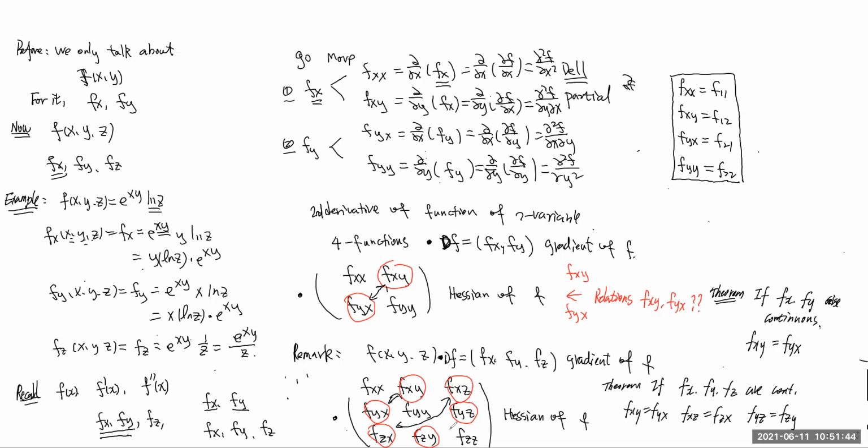So you only have to compute this part, this part, this part. These three are equal to these three. In general, when you are doing a problem, we only test your function of two variables, because for three variables we need some linear algebra, but you may not have studied linear algebra.